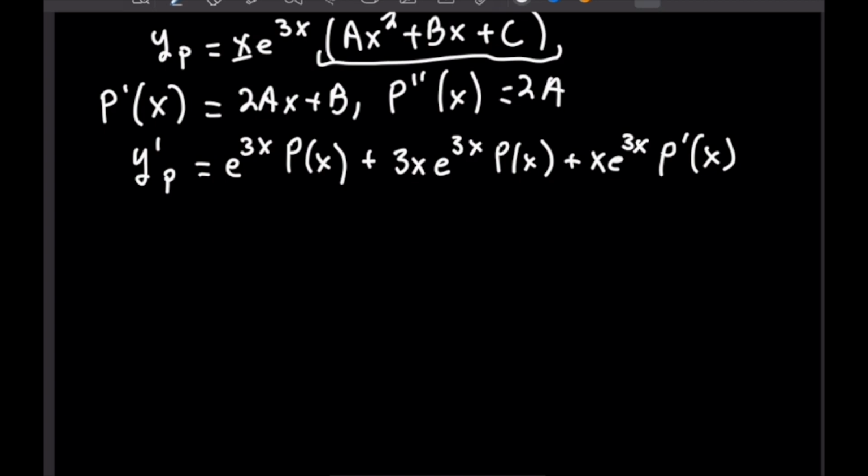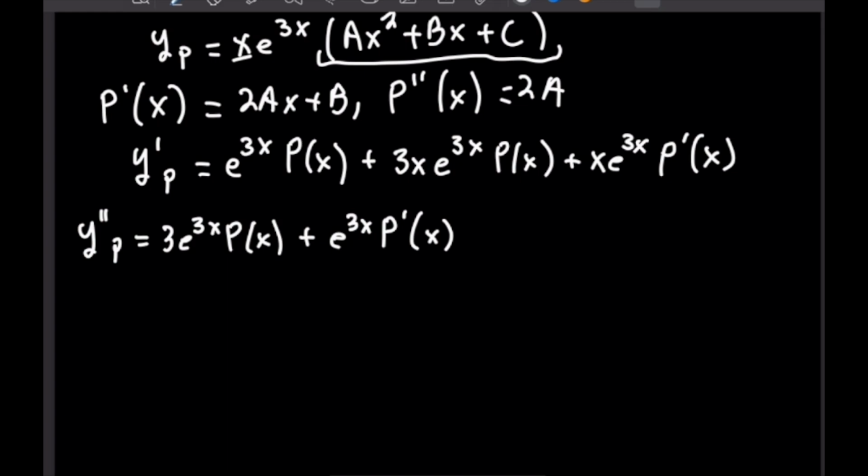Now for our second derivative, y double prime. Starting with our first term, that's rather easy. We will have 3e to the 3x times p of x, plus e to the 3x times p prime of x. So that's for our first term there. For our second term, taking the derivative, we will start with our 3x term.